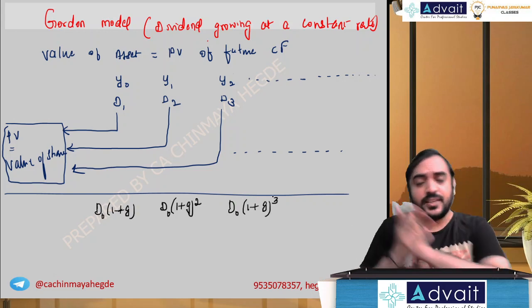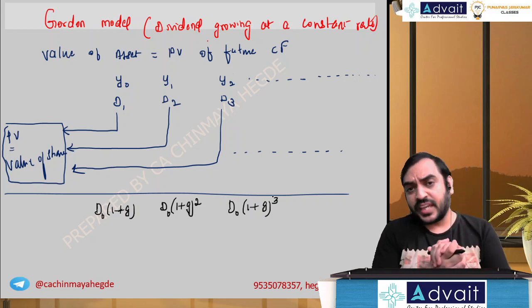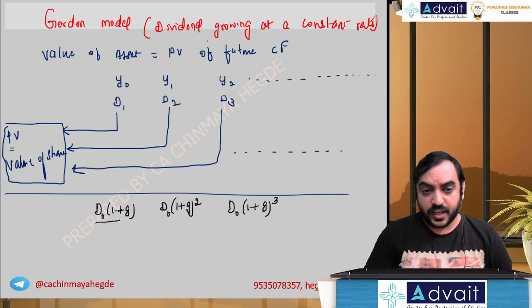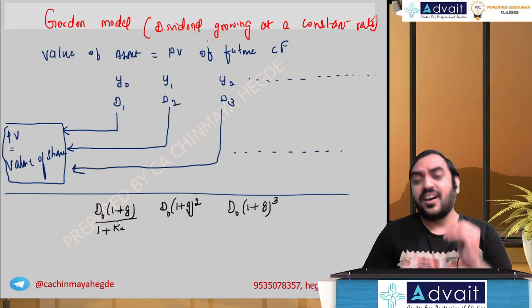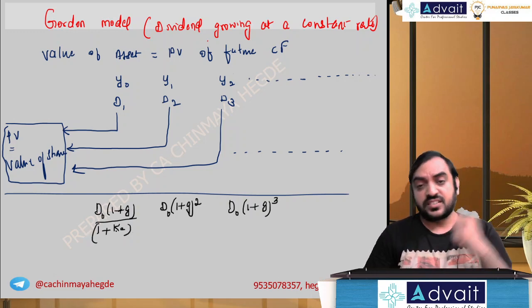D1, D2, D3, but these will be discounted to present value. How do we calculate present value? We divide by 1 plus Ke, or 1 plus r. Ke is the required rate of return, the cost of equity. This is the 1 year discounting rate.